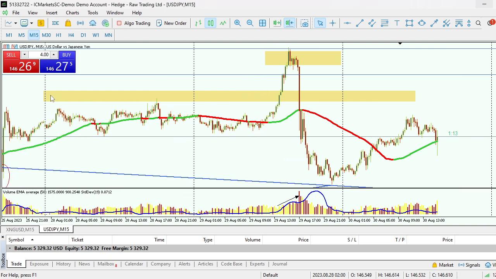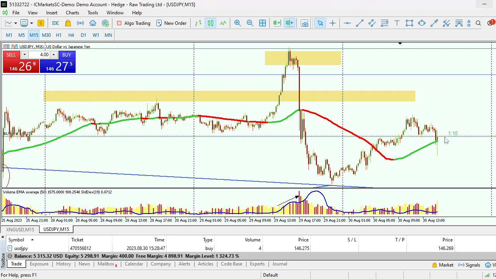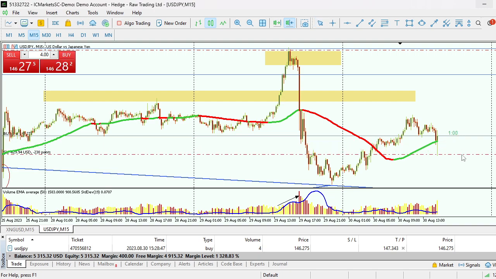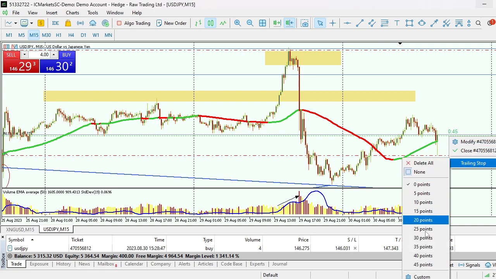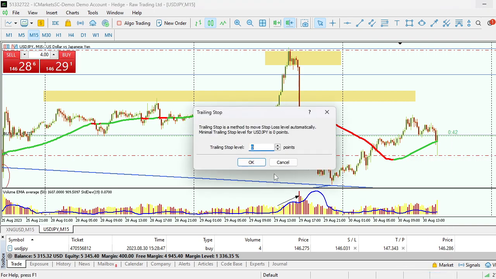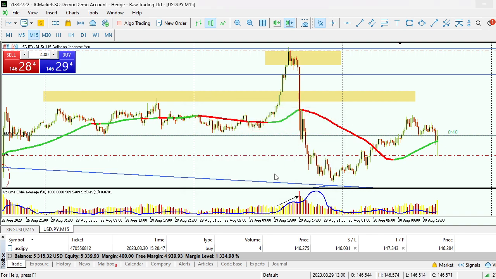So I'm gonna buy and take profit right here, or even here, and our stop loss is gonna be here. For pips or for contracts, and I'm gonna put a trailing stop at 120. Let's see what's gonna happen.